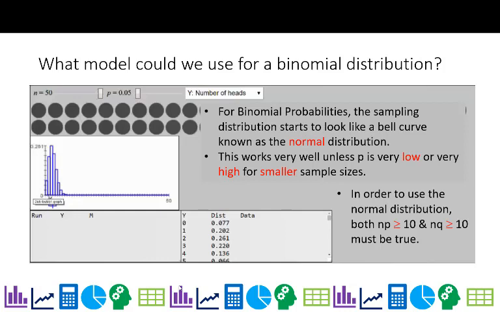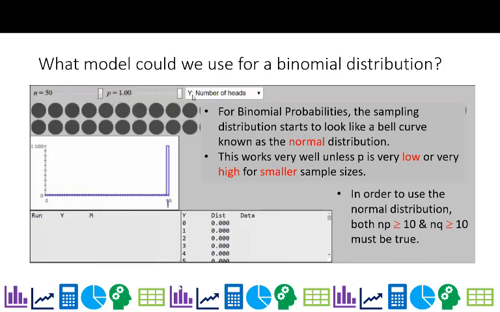So as long as this product, let me raise this up to 0.2, then you can see that I've got most of the normal distribution visible. And that's a pretty good approximation. So we have a general rule that as long as n times p is greater than 10, that's fine. Now it also goes the other way, because if I jump this all the way over to 1, p times n in this case is 50.